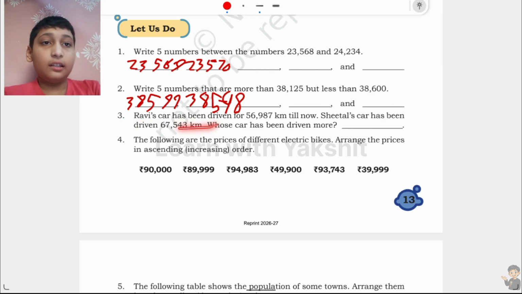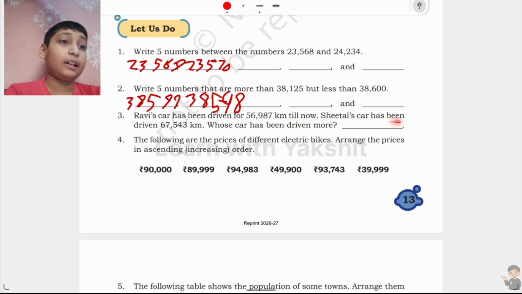Ravi's car has driven for 56,987 kilometers till now. Shweta's car has been driven 67,543 kilometers. Whose car has driven more? Are Ravi and Shweta like travelers? Oh, that's the name, We Are Travelers. I think they're referring to these two.